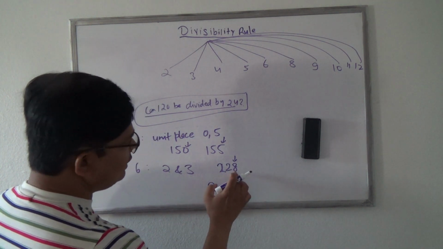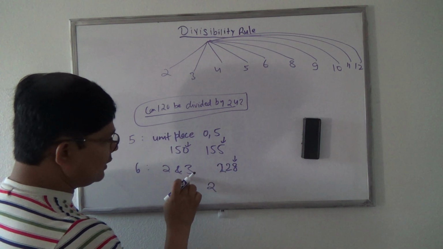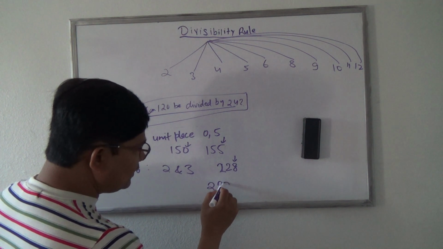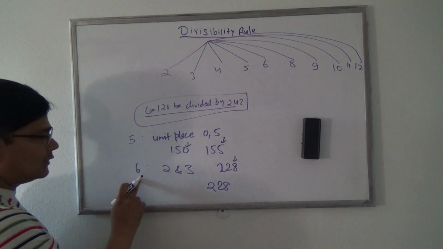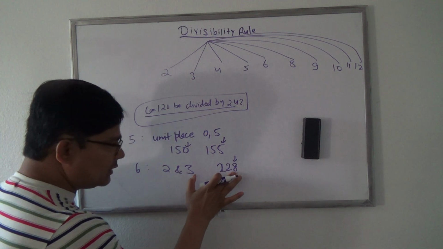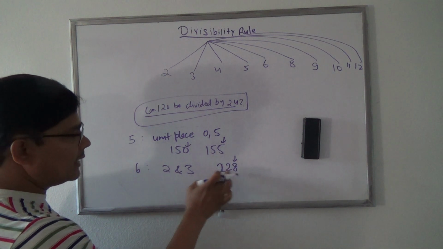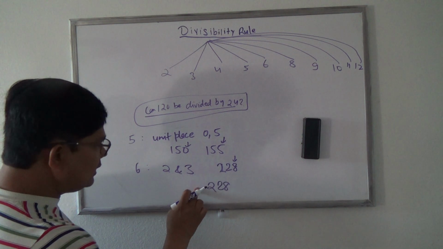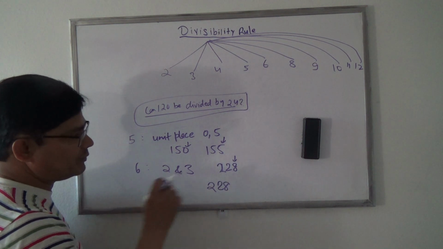What about 3? Take the sum. 2 plus 8 is 10, 10 plus 2 is 12. 12 can be divided by 3. So it means 228 can be divided by 6. It's simple: find if the number can be divided by 2 and 3, and if so, that number can be divided by 6 too.